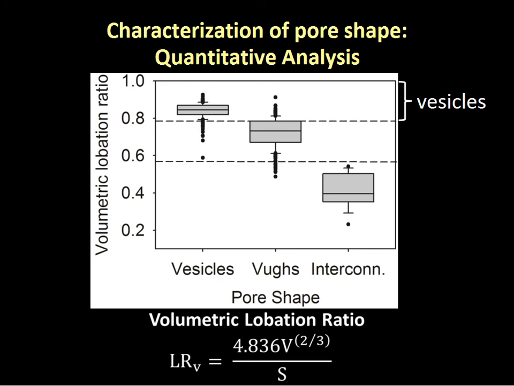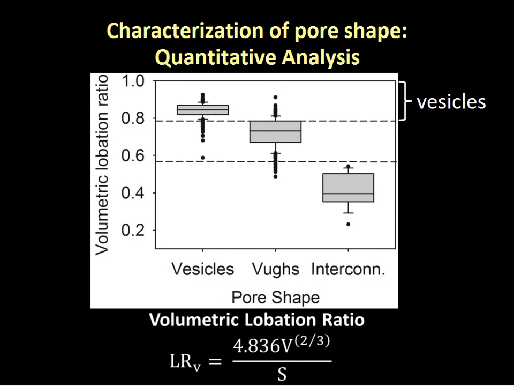So next, I had these 3 different types of pores that I observed in the samples. I needed some way that I could extract the data from the CT scans without having to go through and look at each individual pore, in the thousands of pores per sample and hundreds of samples that I was analyzing. So what I came up with was a volumetric form of a method that's used to analyze pore shape in thin sections.